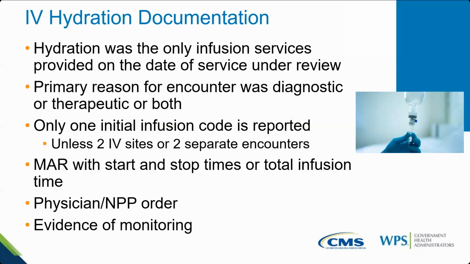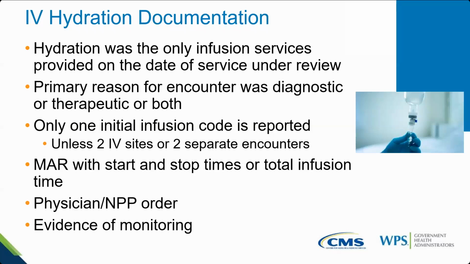Are there any lab orders being done or lab work being done? Does the patient have any compromised kidney status? Are we monitoring that as well? So again, evidence and monitoring is going to come down to most likely the nursing documentation. We're going to look at things like ins and outs.